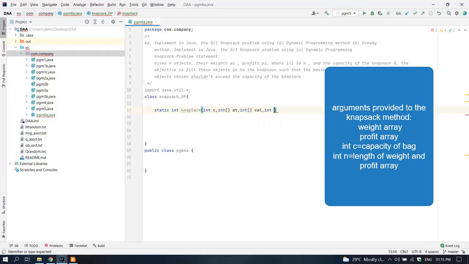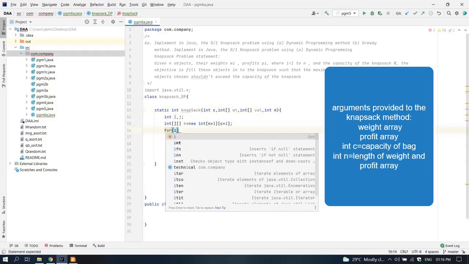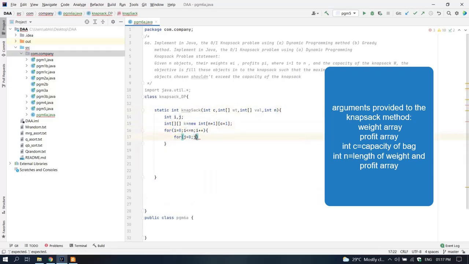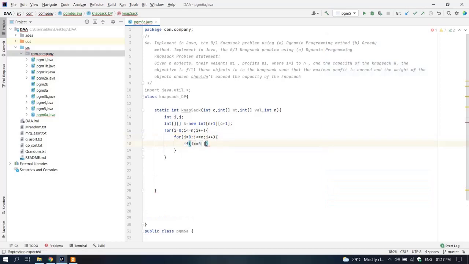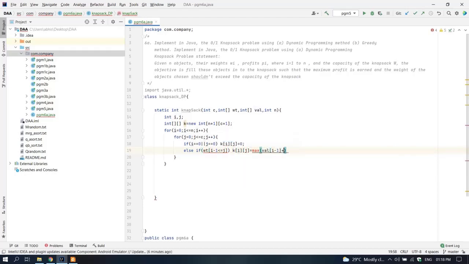First declare two iterators, i and j, for the table. Let the table be K. So this is our table, with n plus 1 rows and c plus 1 columns. Here c is the capacity of the bag and n is the number of elements in the weight and value array. So now we will build the table.